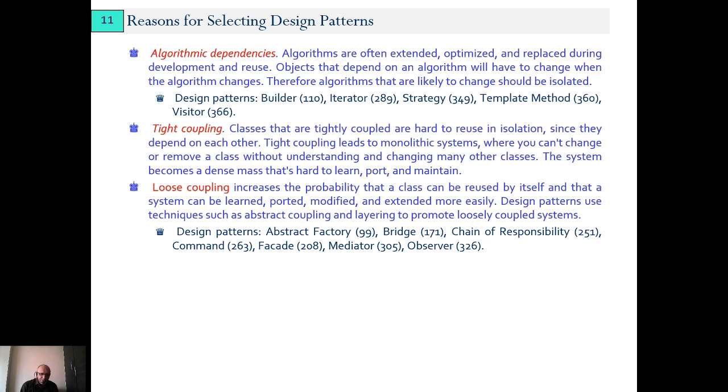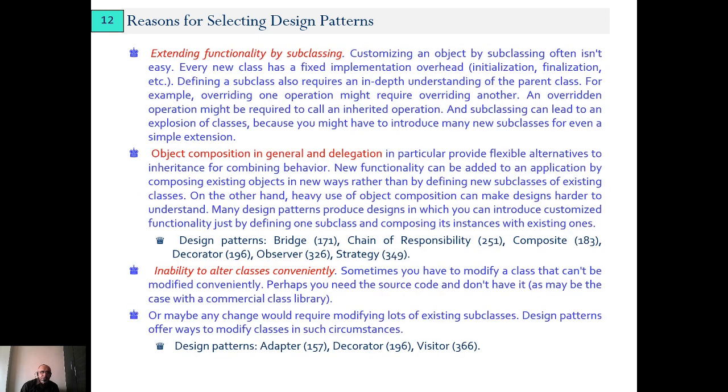One modification moves around to the rest level of modification. So extending functionality by subclassing, then object composition in general and delegation. So we have got choices here: bridge, chain of responsibility, composite, decorator, observer, and strategy.